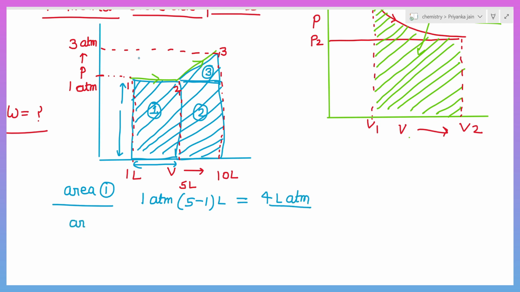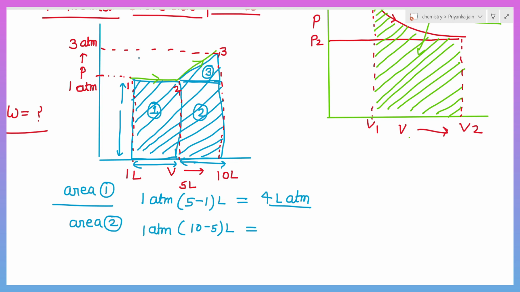Now see the area of number 2, the rectangle. We have to calculate it. This width is equal to 10 minus 5, equal to 5 liter, and this length will remain as it is, that is 1 atmosphere.